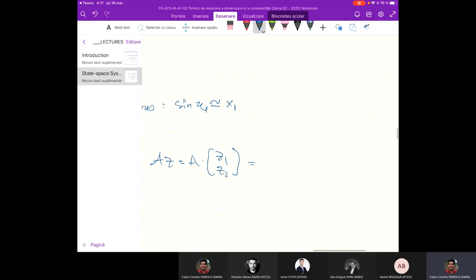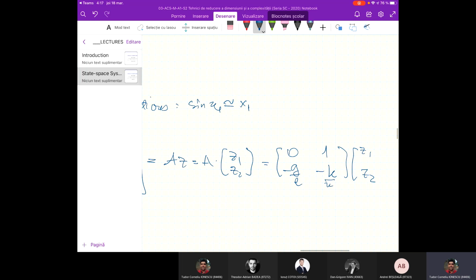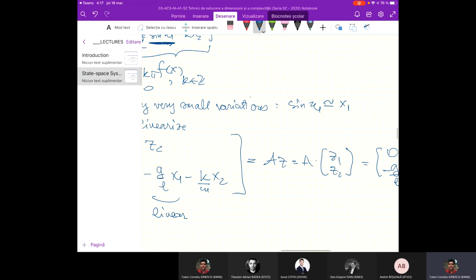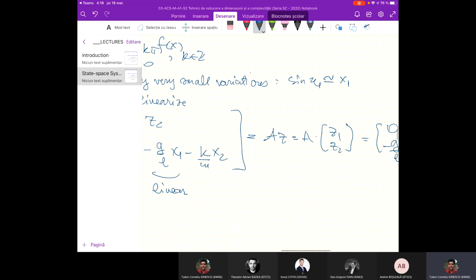So this is 0, 1, minus g over L, minus k times z1, z2. But I think here it is minus k over m. Sorry. And here too, I think.